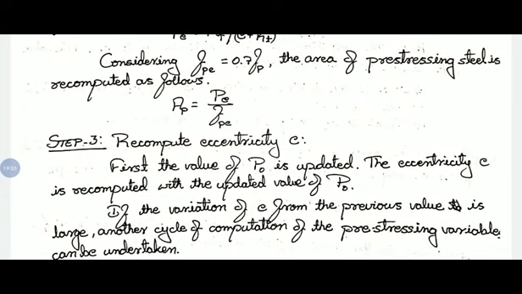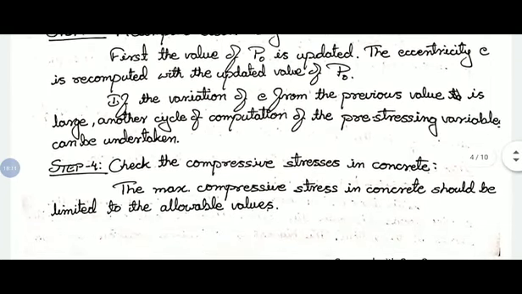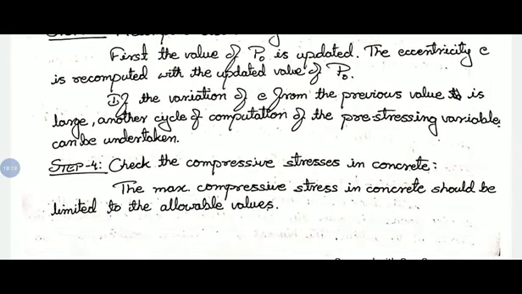Here we will get the new area of steel required. For that area of steel, again we need to recompute the eccentricity, same as in the previous step. After that, if it satisfies, continue further, or if not, we need to redesign the section. That is, if eccentricity exceeds the limit. For example, consider a rectangular section of depth 300 mm.